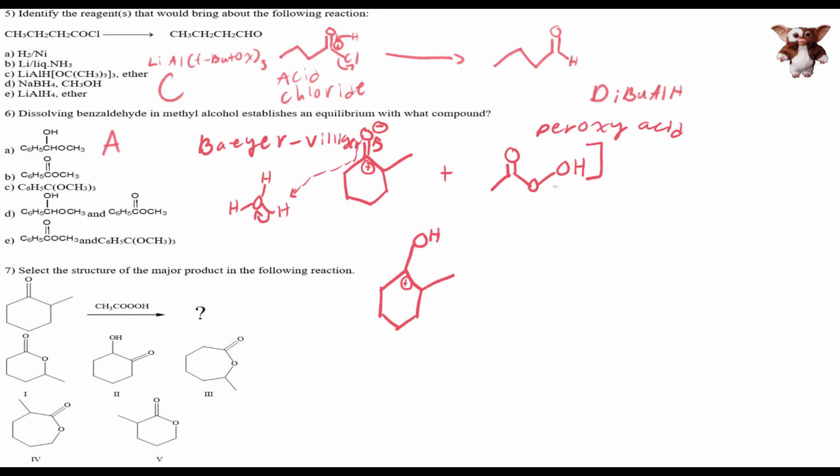And what happens now is that in this compound for the peroxy acid, this is where the reaction begins, okay? This hydrogen is going to leave the oxygen, okay? Well, actually it's not going to leave the oxygen, I'm sorry. The oxygen itself is going to be attracted towards the carbon since it's positive.